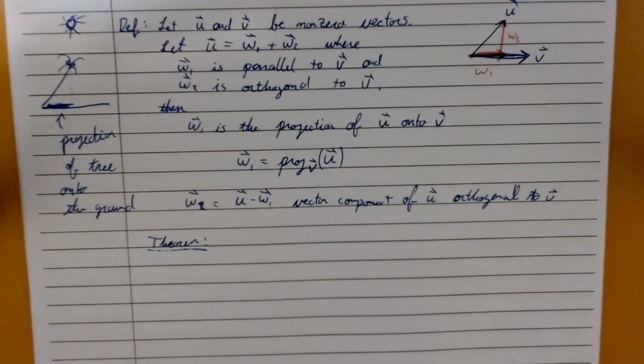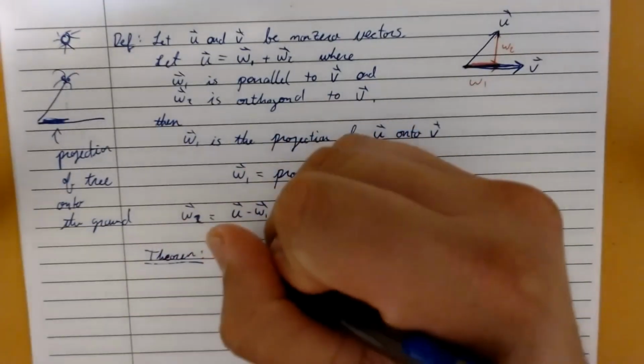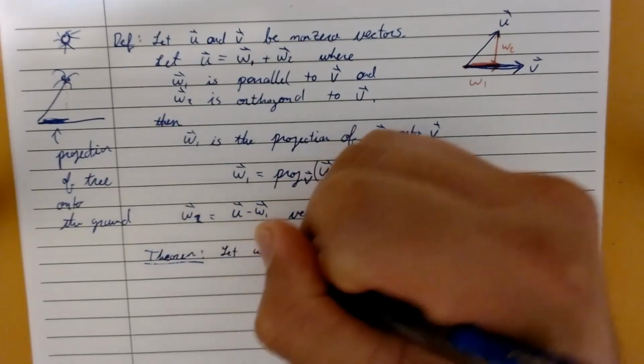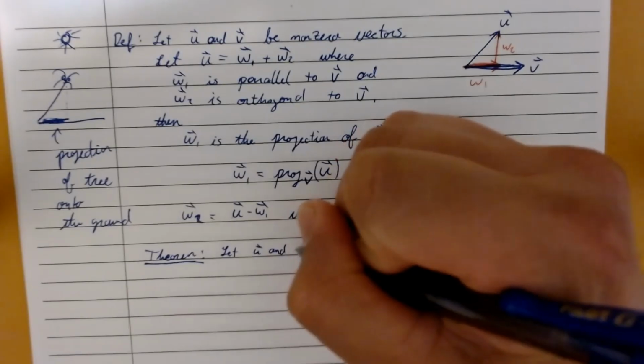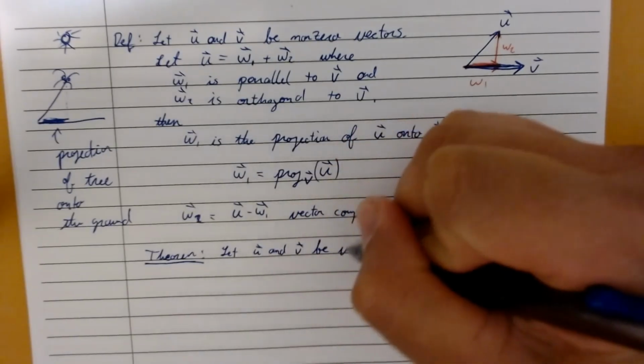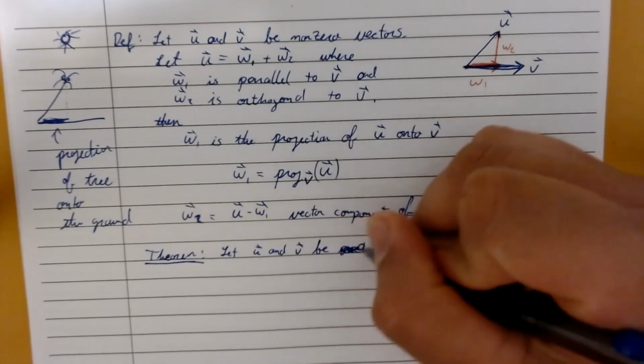Let's say you have two vectors, non-zero of course, otherwise a lot of this stuff doesn't work. Let U and V be non-zero vectors.